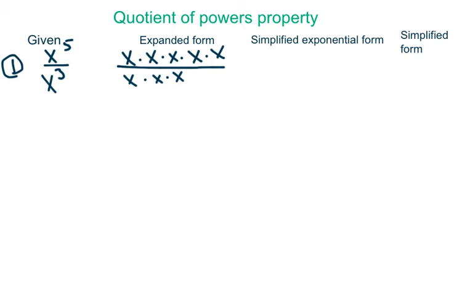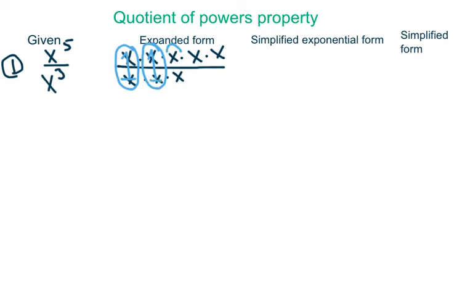Now, anything divided by itself is 1. So if I take a look at x divided by x here, x divided by x equals 1. X divided by x here is equal to 1.